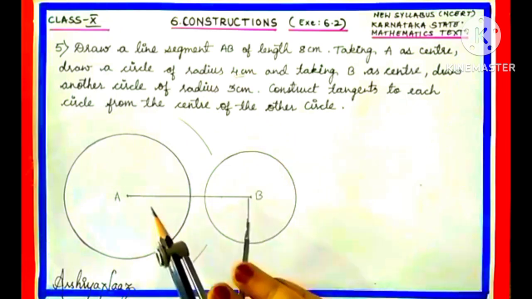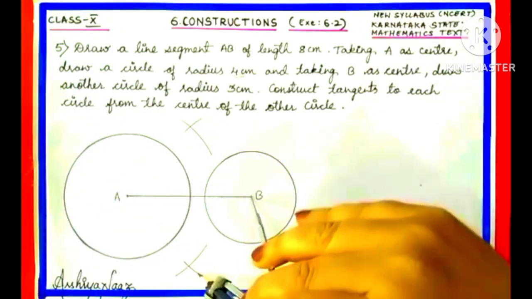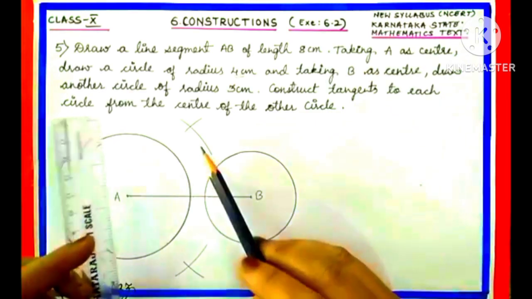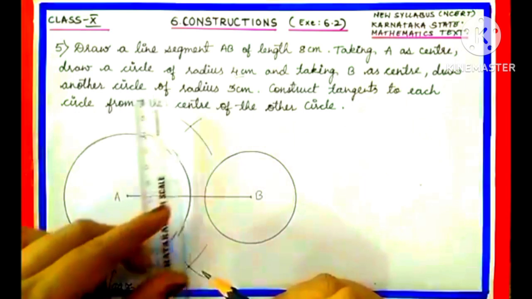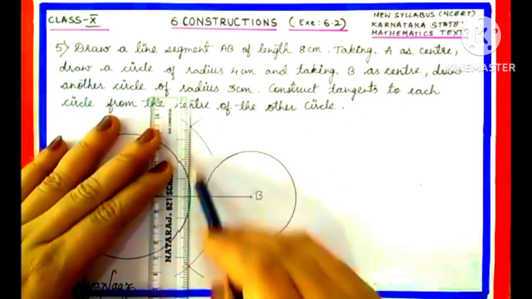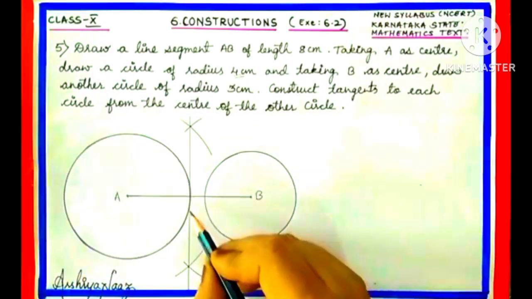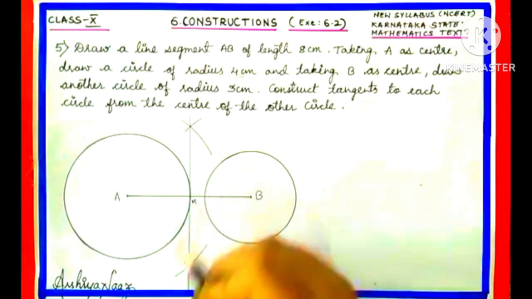Then from the point B, cut these previous arcs. Now join these points of intersection of these arcs. Now we have got the midpoint of the line AB. Let us call this point as M.